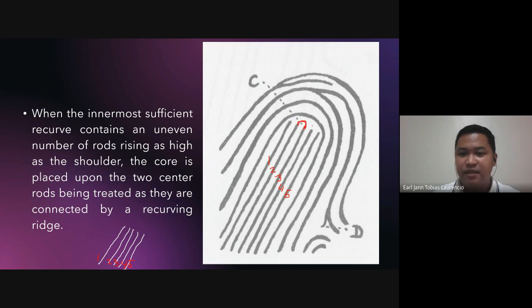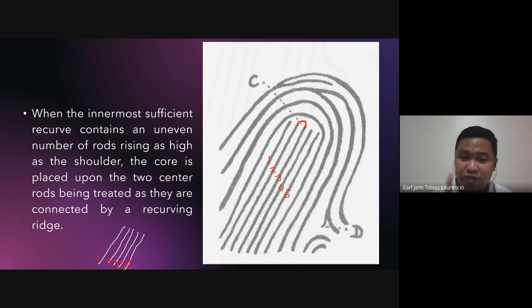So we will imagine them as if they are connected. Hence, we will imagine as if there is a shoulder, a staple that connects the two rods. After imagining that, you look at the center of the shoulder. The center of the shoulder will serve as the core of the pattern.